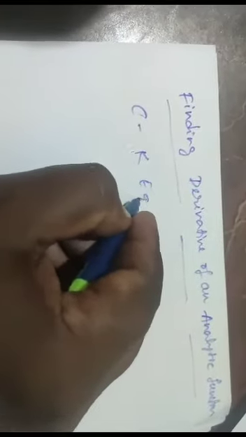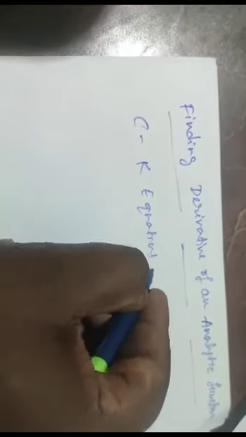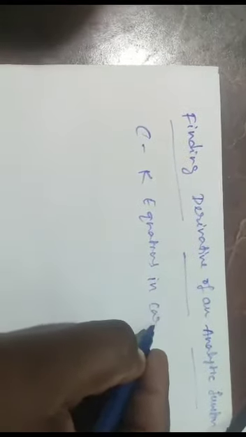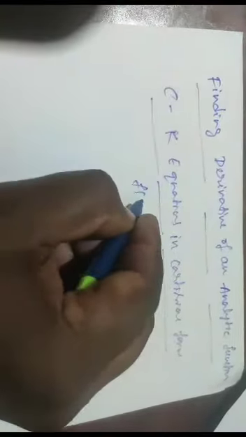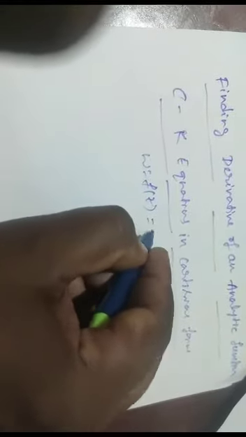Cauchy-Riemann equations in both Cartesian and polar form. So CR equations in Cartesian form. If f of z, that is w equal to f of z equal to u plus iv, is analytic at some z, that is x plus iy, then CR equations are satisfied.